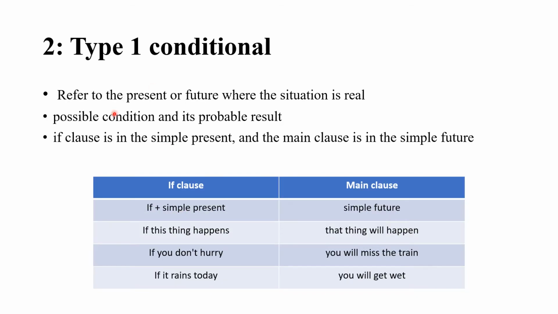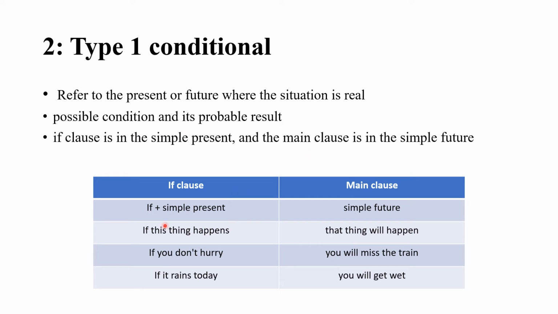The second type of conditional is the type 1 conditional. Type 1 conditional is usually used to refer to present or future situations where the situation is real. The type 1 conditional refers to possible conditions and their probable results. In these sentences, the if clause is in present simple tense and the main clause is in simple future tense.